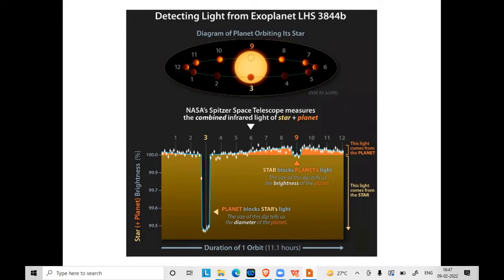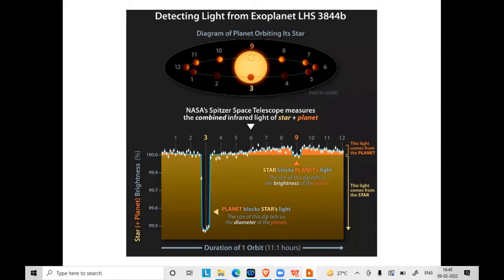Now, the same situations might also arise if I am looking at external solar systems in our universe, because there is a central star and a set of planets revolving around that star.